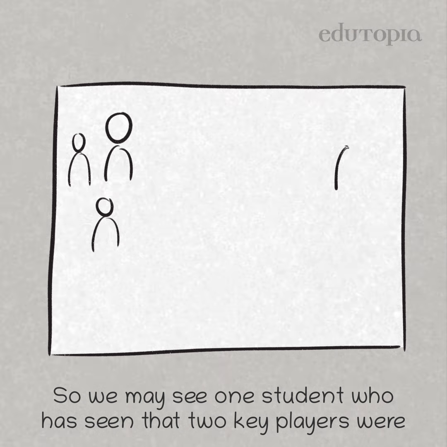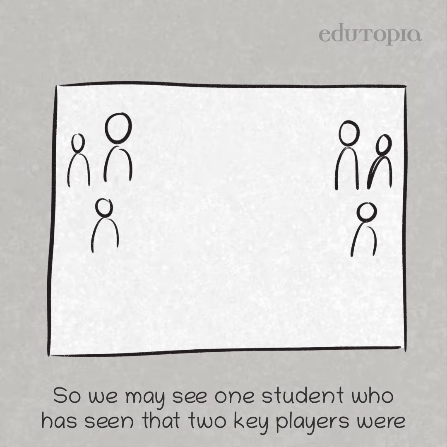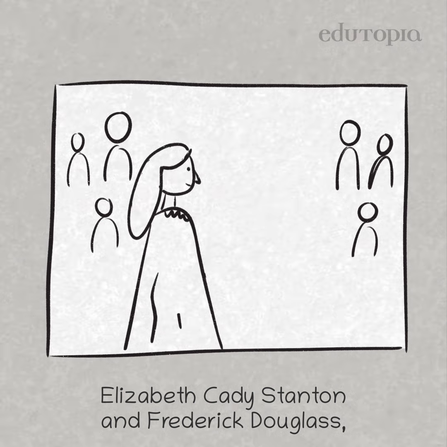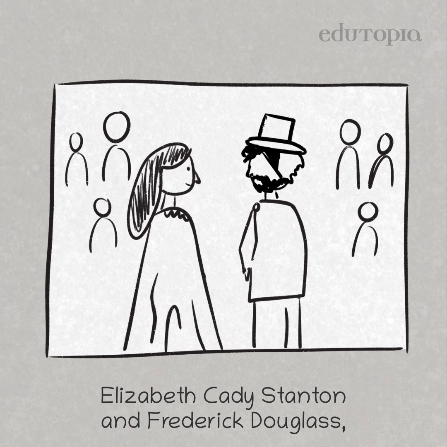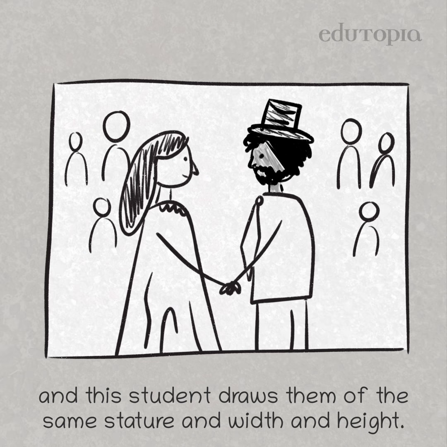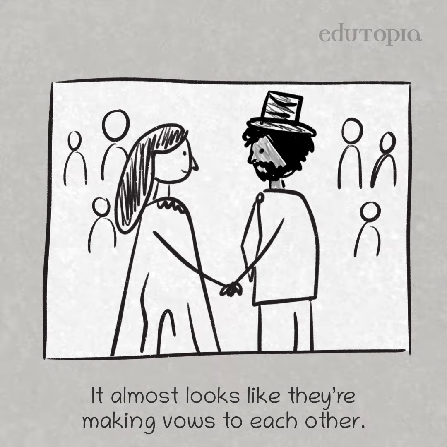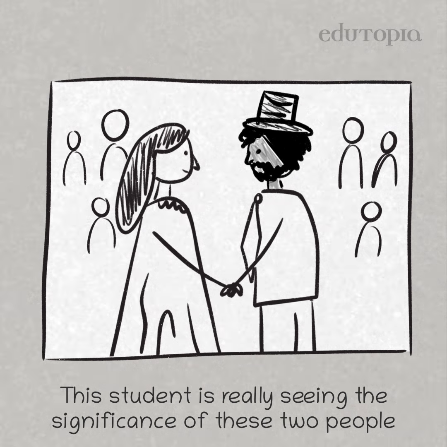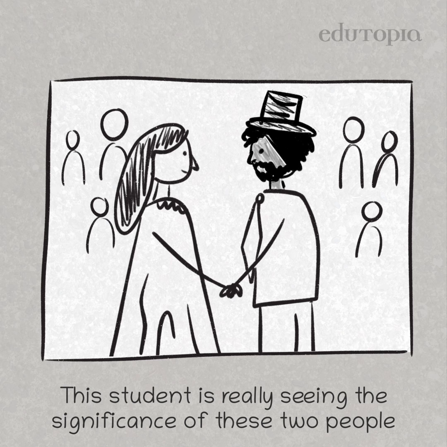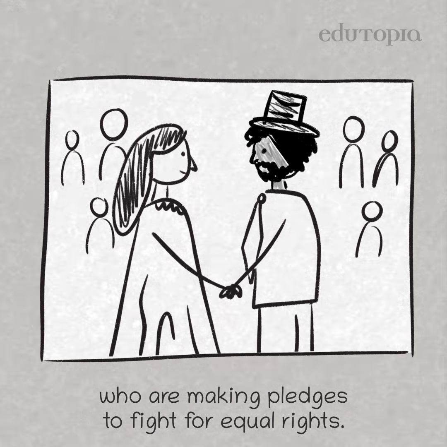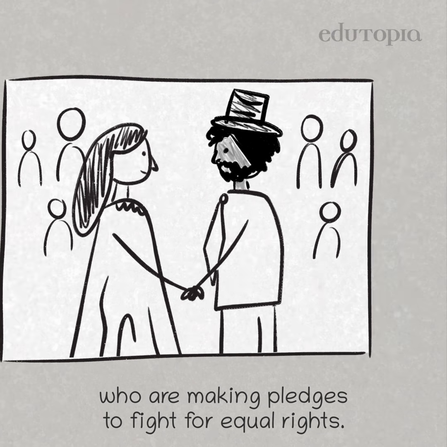So we may see one student who has seen that two key players were Elizabeth Cady Stanton and Frederick Douglass. And the student draws them of the same stature and width and height. It almost looks like they're making vows to each other. This student is really seeing the significance of these two people who are making pledges to fight for the equal rights.